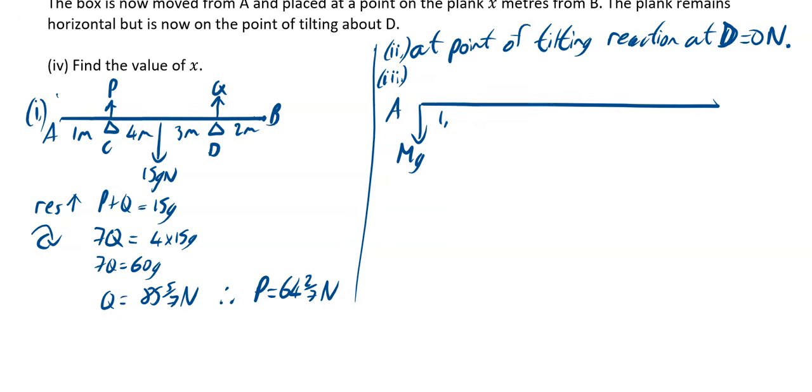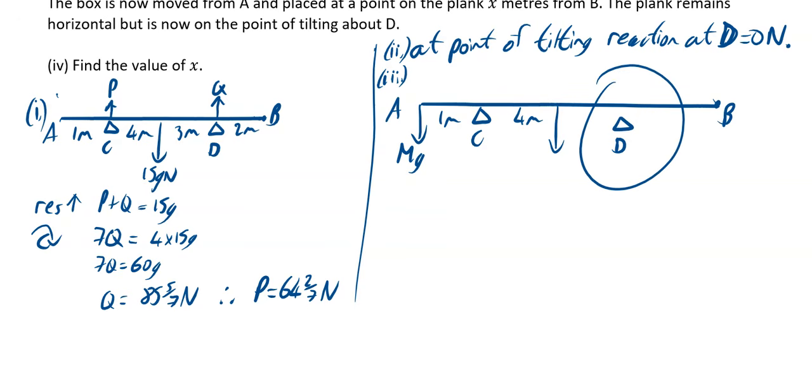I still have got my 1 meter, and then I've got my C, and I've also got 4 meters to here. I then have got my point D, and you can see I've just exaggerated that and lowered my D to show that it's no longer touching, just to exaggerate.